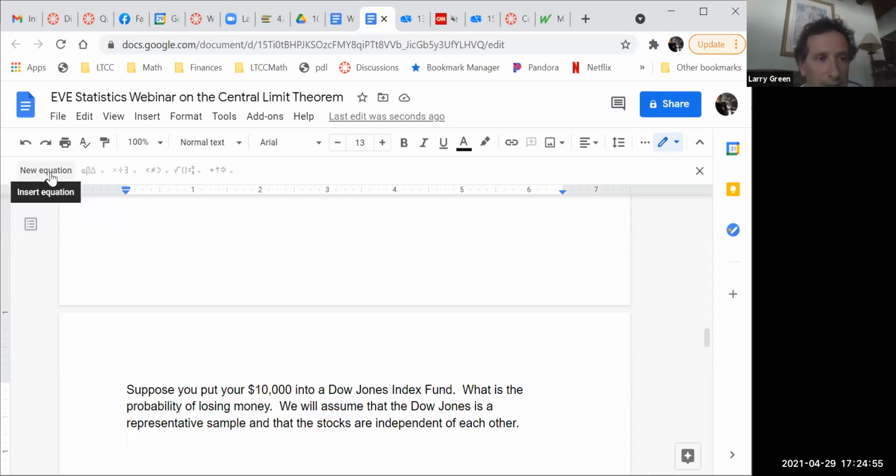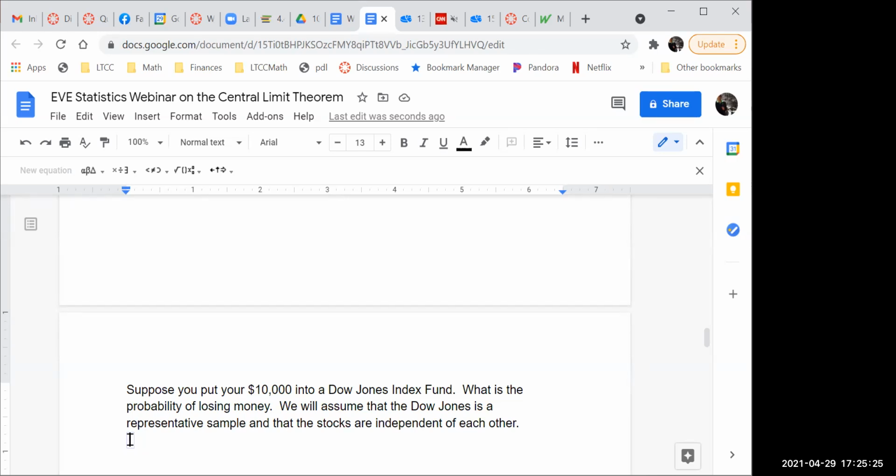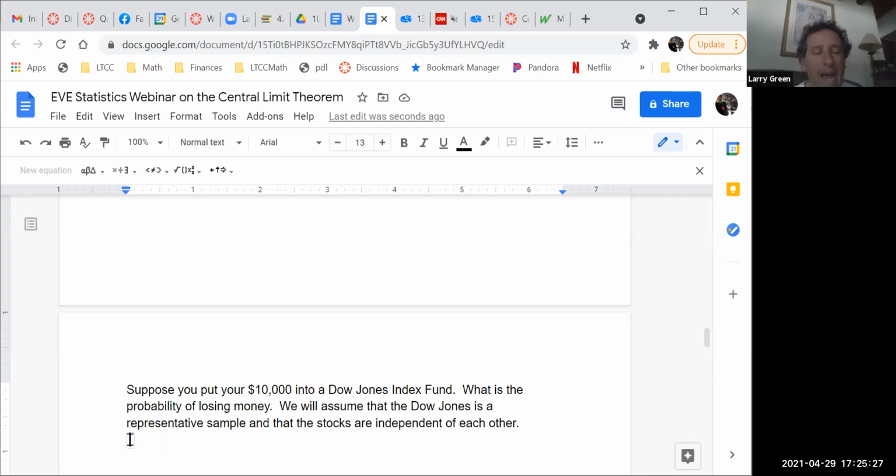All right, so now we can use the central limit theorem. We no longer have X because we're not taking an individual stock. What symbol do we use for the average of our 30 stocks? I asked this before and no one got the symbol, but maybe you get it now. X bar. It's not X, it's X bar because it's the average of 30 stocks. We're not looking at a single stock anymore.